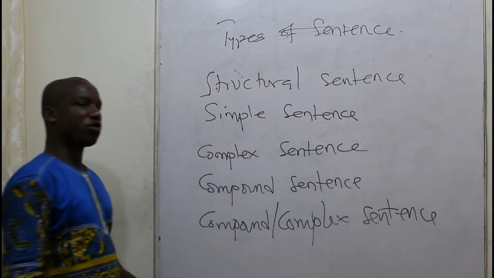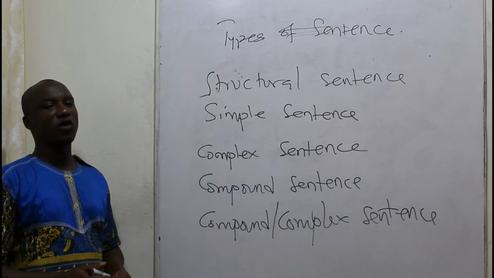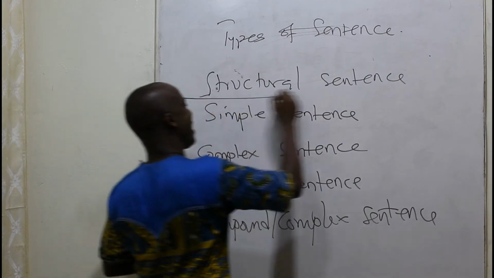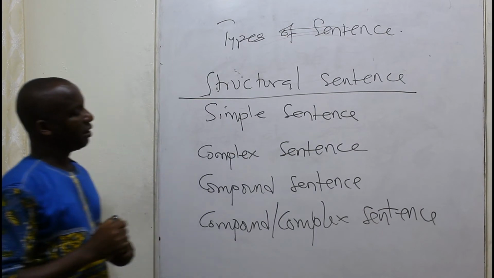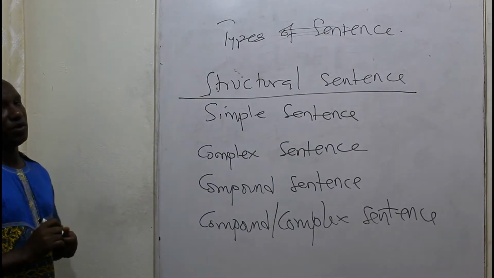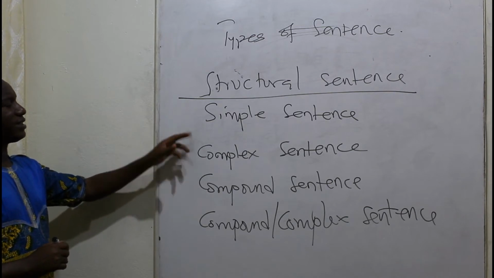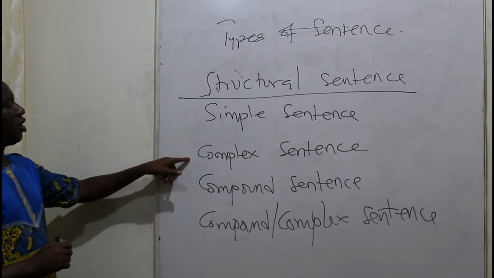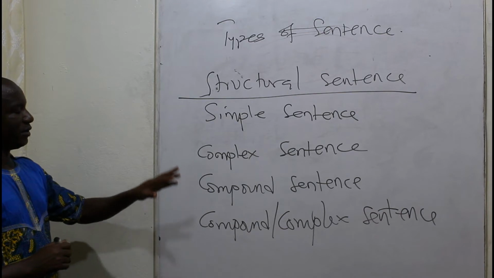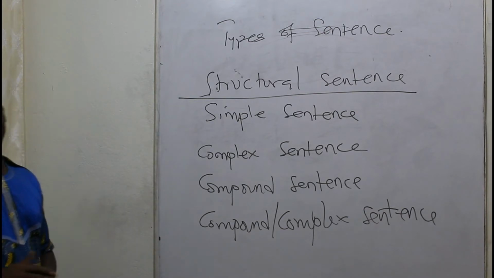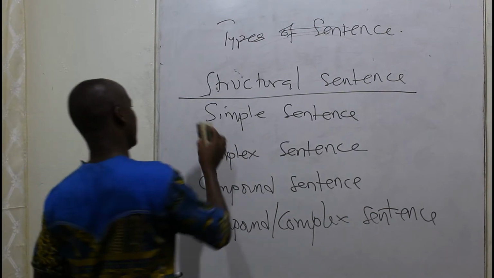Remember, we don't have complex compound sentence, but we rather have compound complex sentence. So by structure, these are the types of sentences that we have. Under the structural sentences, we can classify the sentence as simple, complex, compound complex, and compound. So let us pick them one after the other.